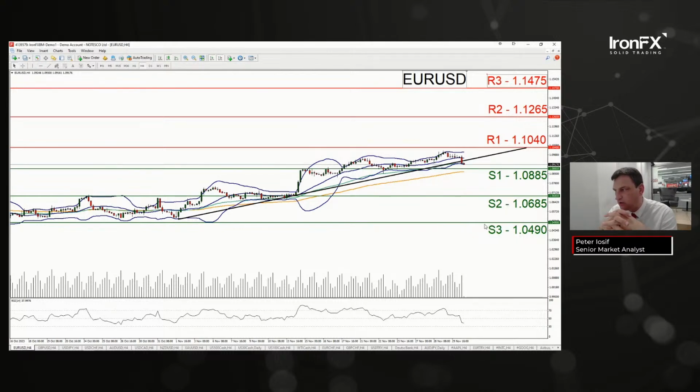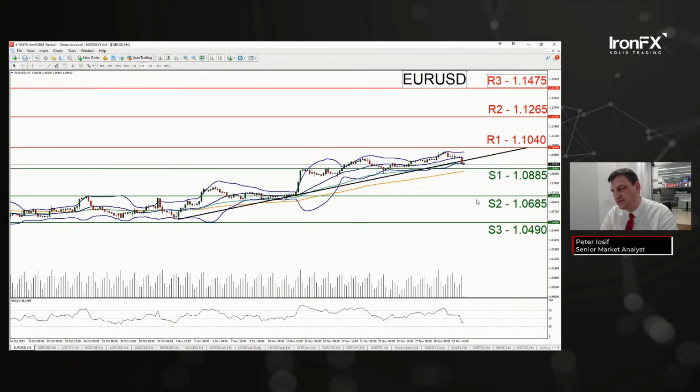For a bearish outlook, we would require a clear break of the 1.0885, the S1, and the price action to actually start aiming for the S2 1.0685. And I mean an active state of aiming. On the other hand, should the bulls regain control, then we may see the price action breaching once again above the upward trend line.